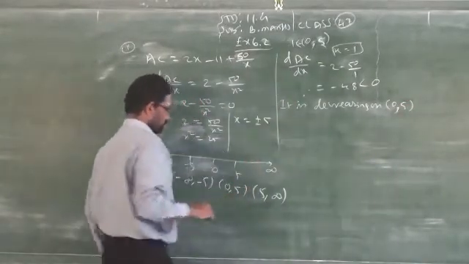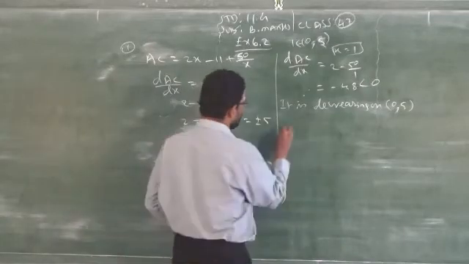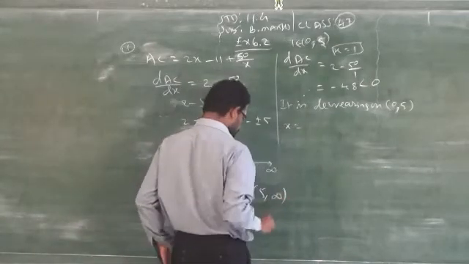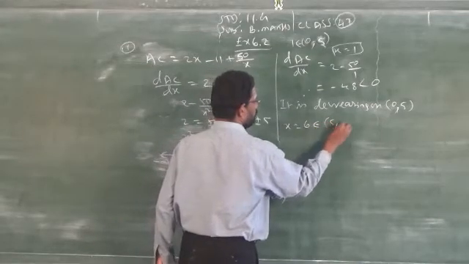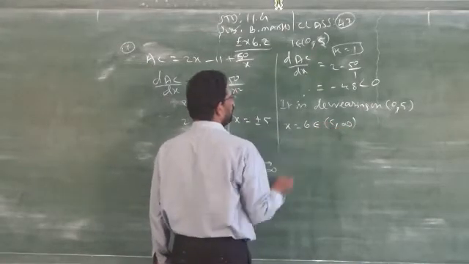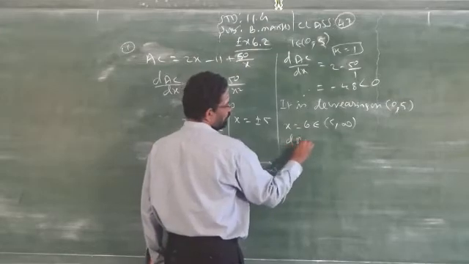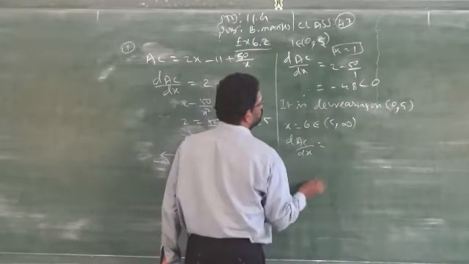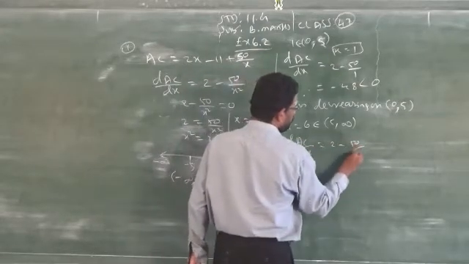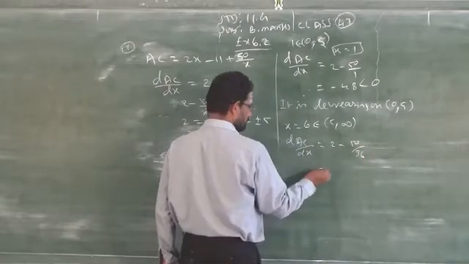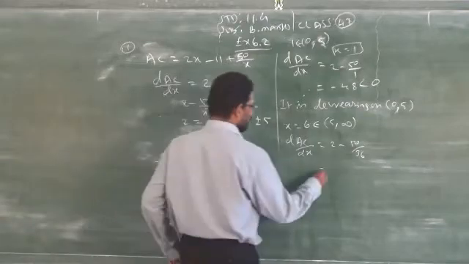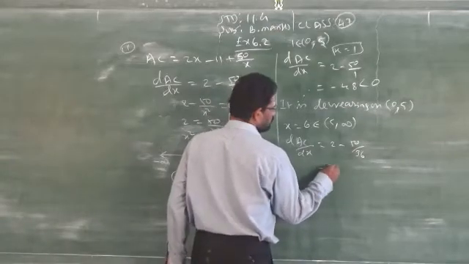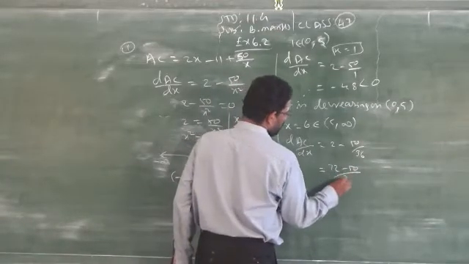The next one, what is the other interval? 5, infinity. Take x is equal to 6, or whatever number you can take from 5 to infinity. I am taking 6. Substitute in the first order: 2 - 50/36. Cross multiplying, that is (72 - 50)/36.